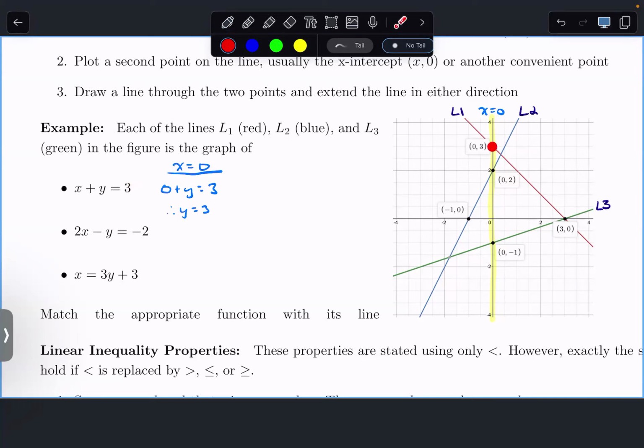So let's pretend that you don't have the line for a second, and let's do the same thing and let y be 0. Then you have x plus 0 is 3. So then x must be 3. When y is 0, that's here.